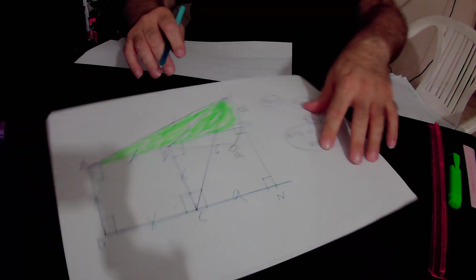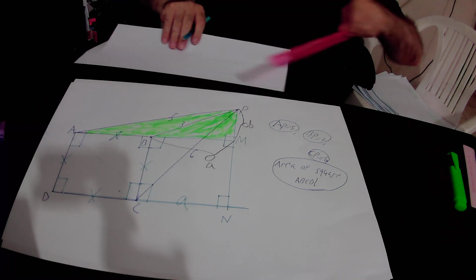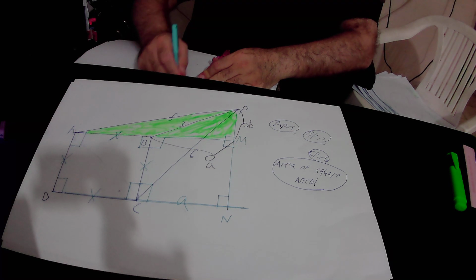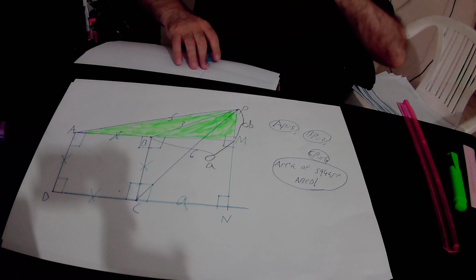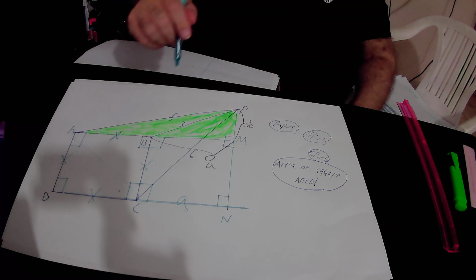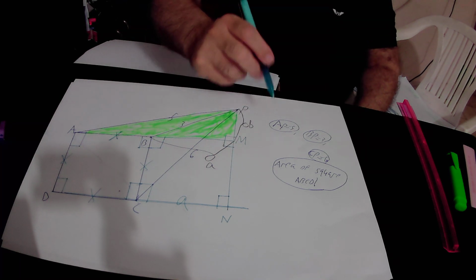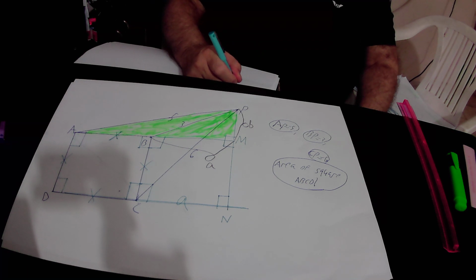Likewise, according to the same rule, that the opposite sides of a rectangle are equal to each other, we get that BC equals MN.